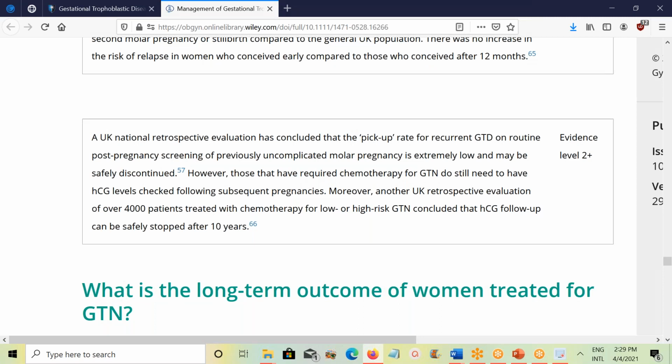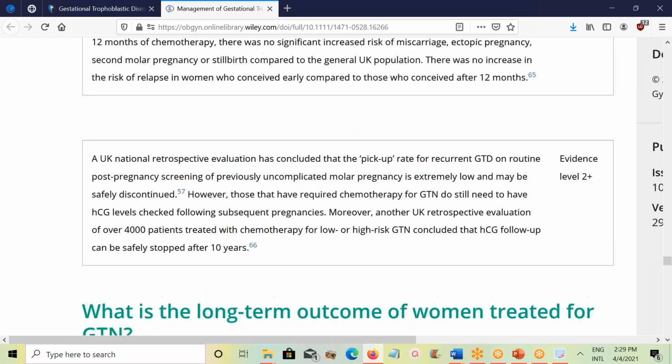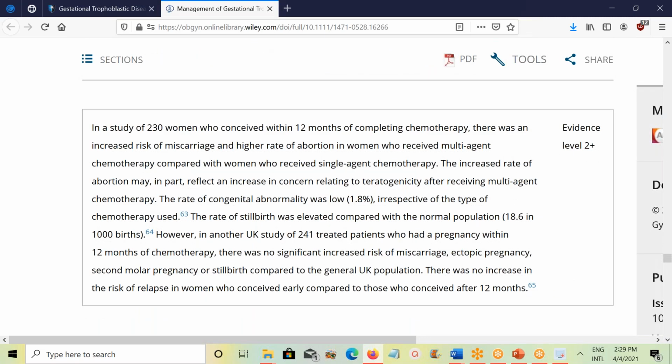That is one thing. So you have to tell her that it is very low. So if the previous was molar and she didn't need any treatment, then we don't have to send any HCG samples after pregnancy. Then the placental tissue, the same thing: previous molar, now normal, so we don't have to send anything.